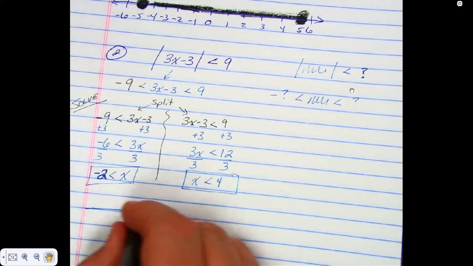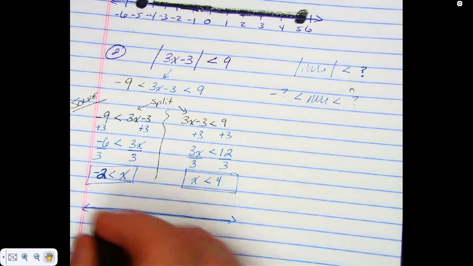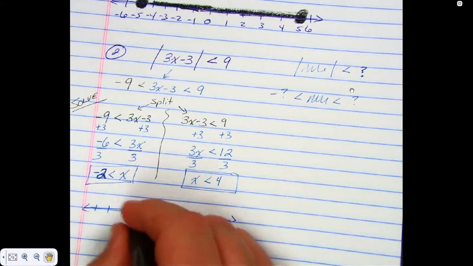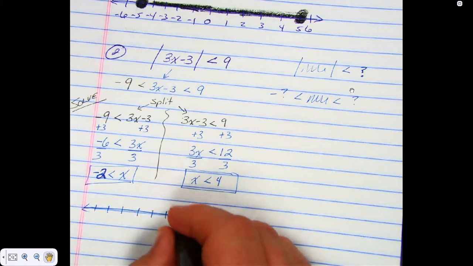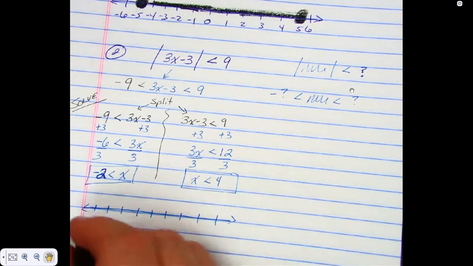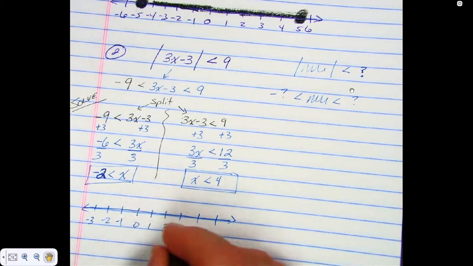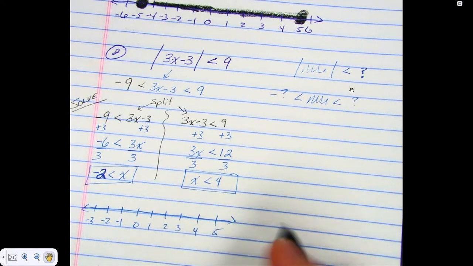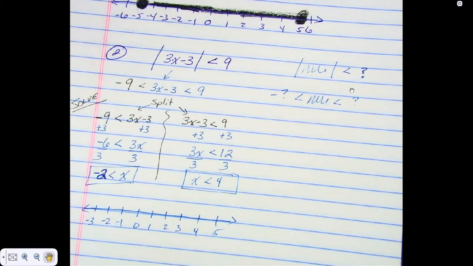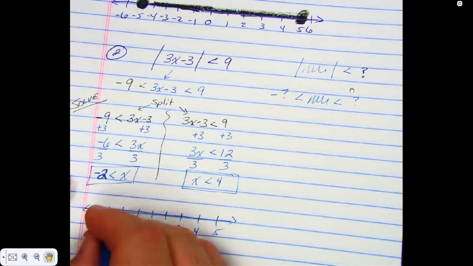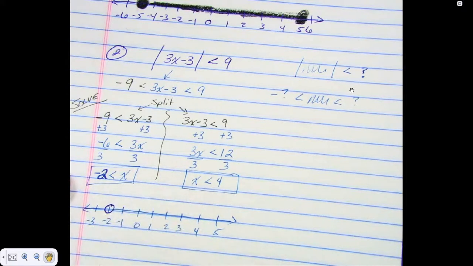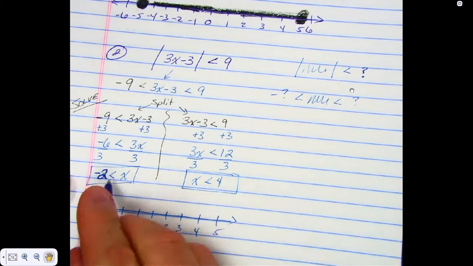Now to graph that interval, what do I do? I'm at -2. Put an empty circle there, because I'm not including it, am I?